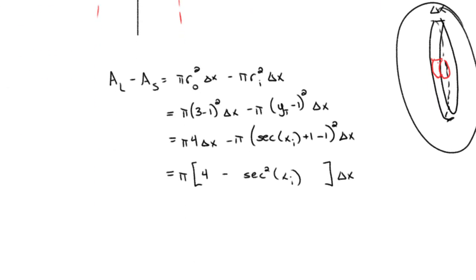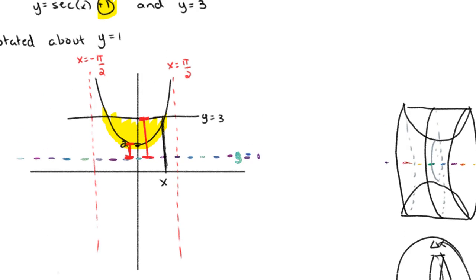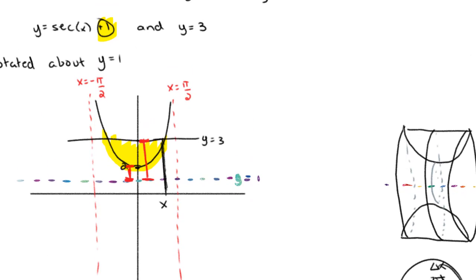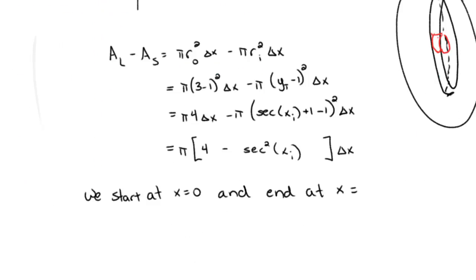So we start at x equals 0 and end at x equals, and I'll just showcase the mathematics here. You're just going to find out when does secant of x plus 1 equal a height of 3.